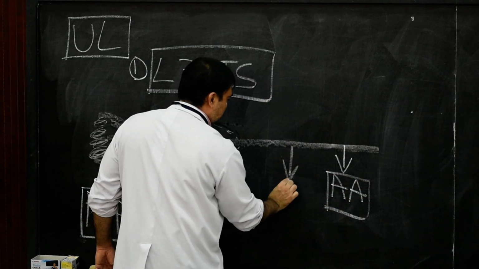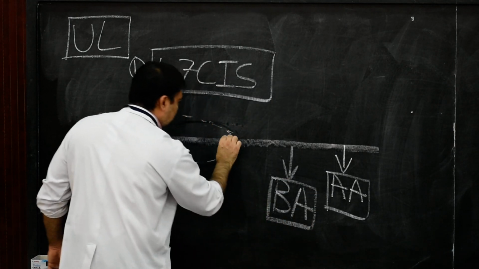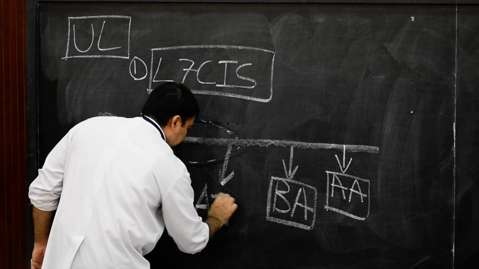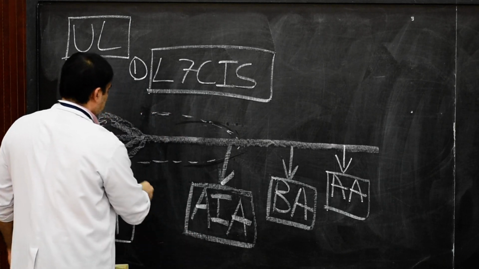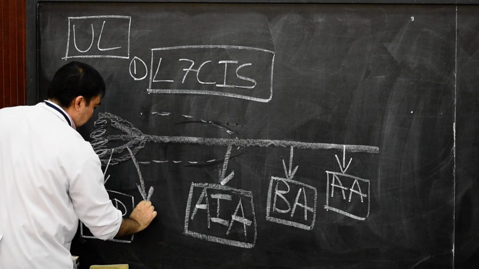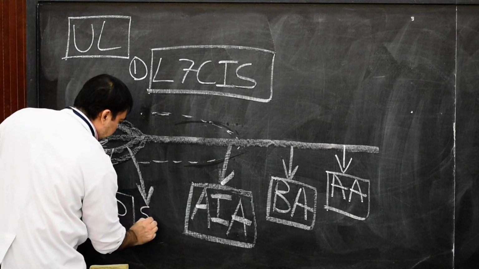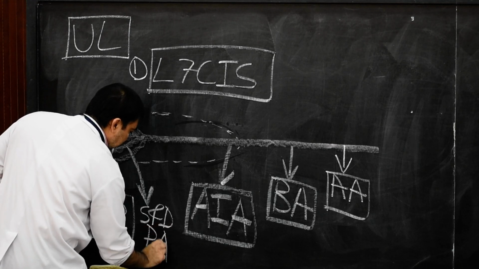Second will be the brachial artery. Third will be the anterior interosseous artery. And fourth will be the palmar capillary plexus, which will develop into the superficial and deep palmar arch.